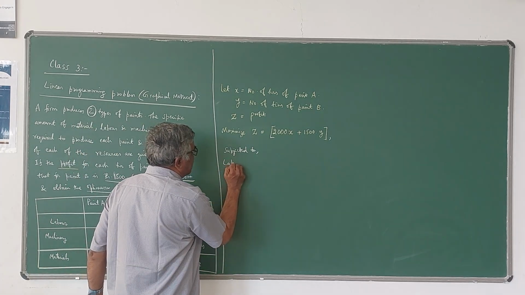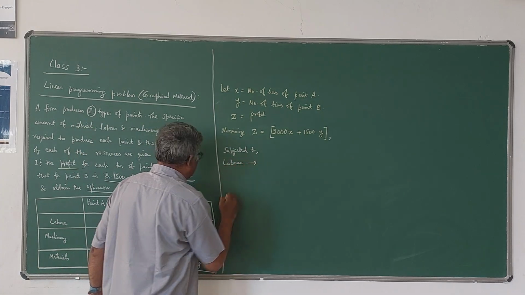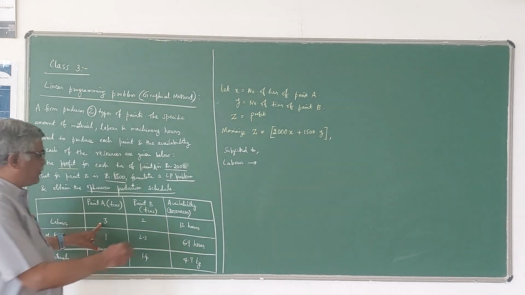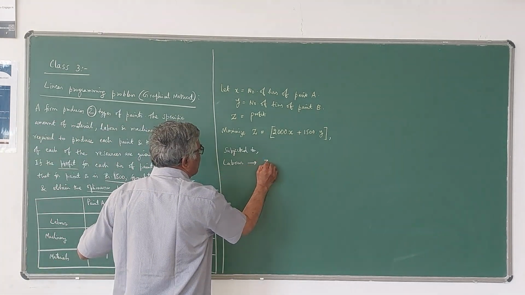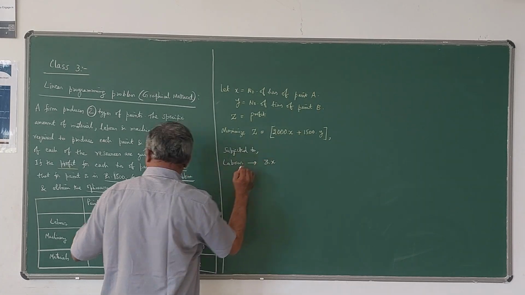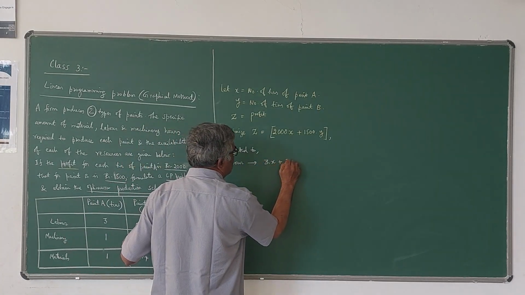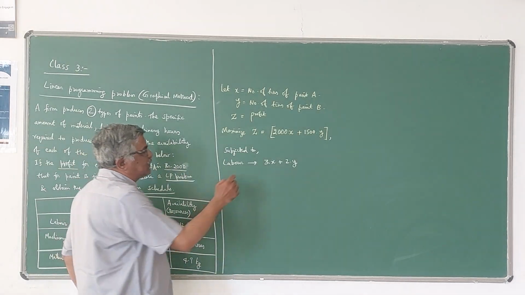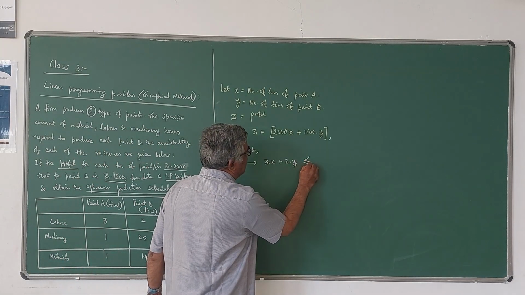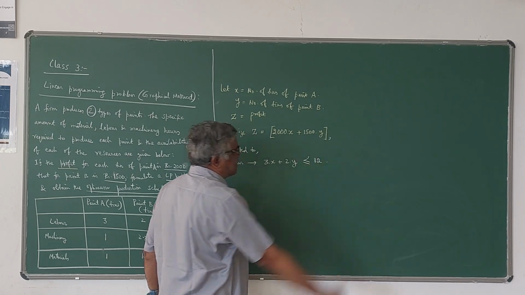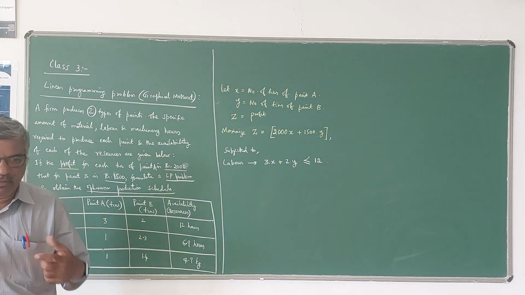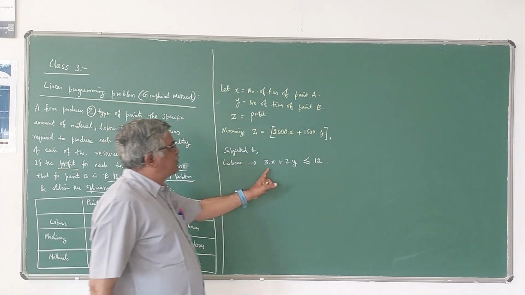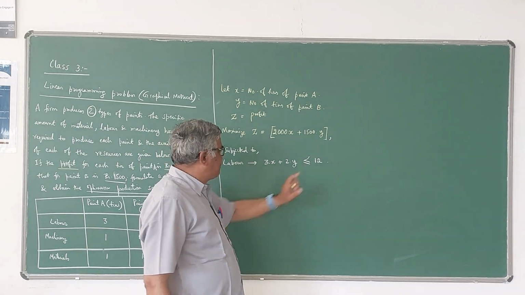So 3 into X plus 2 into Y, and since availability is only 12 hours, this should be less than or equal to 12. Please note that this is a less than or equal to constraint because the maximum availability of the resource is only 12 hours. So this is the first equation.